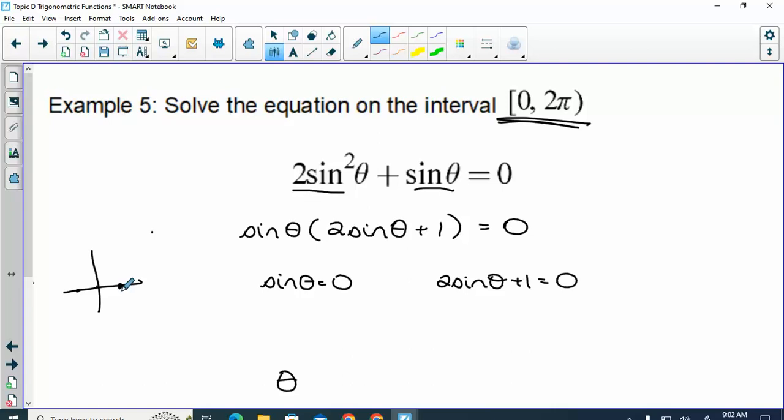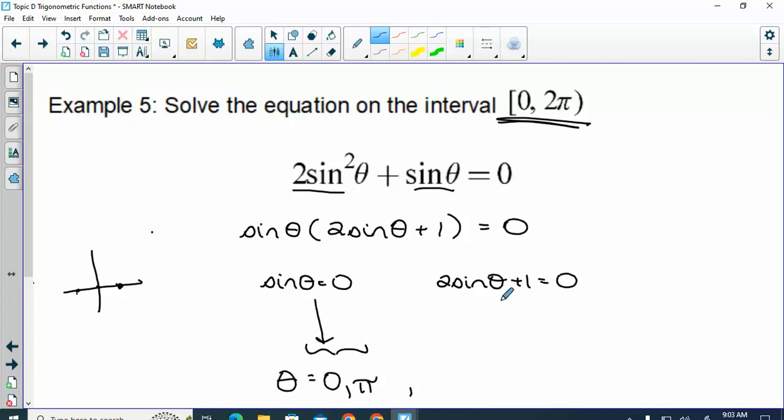Y is 0 if you don't go up and down at all. So it's at 0 and pi. So these are the two times when my sine is equal to 0.